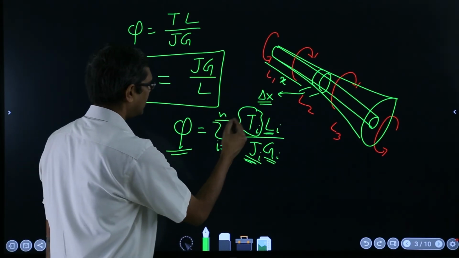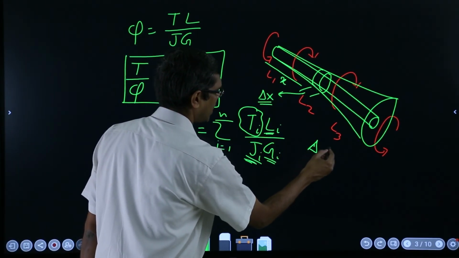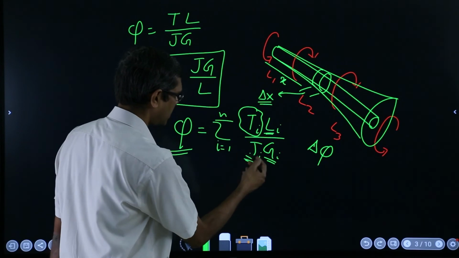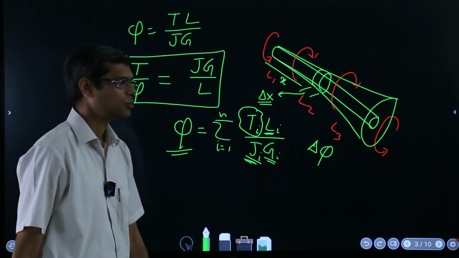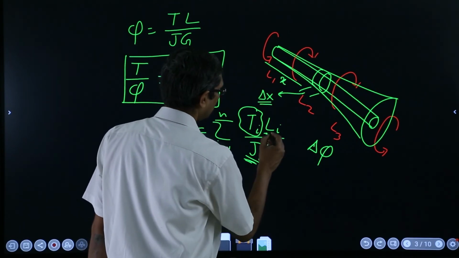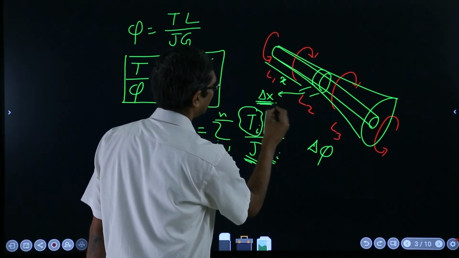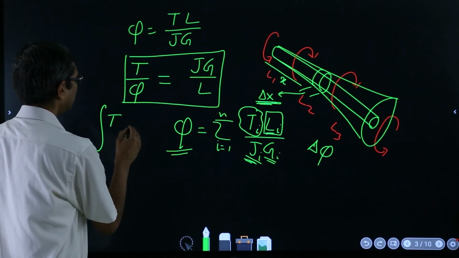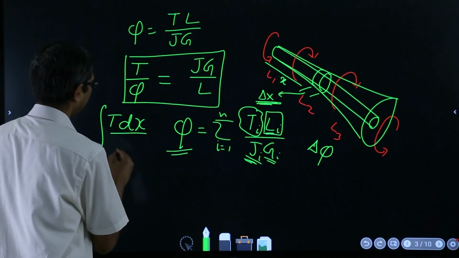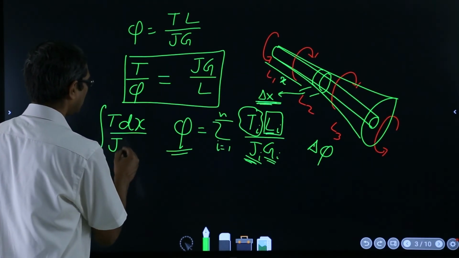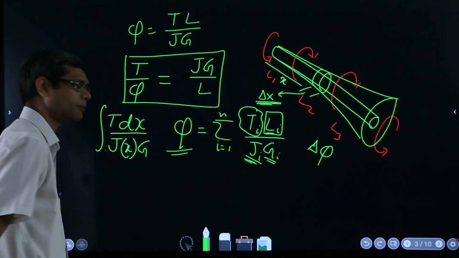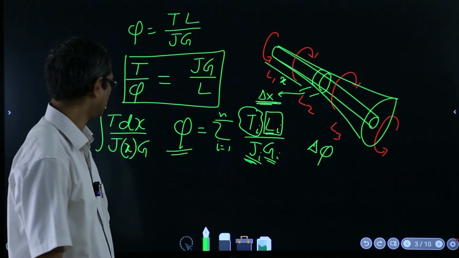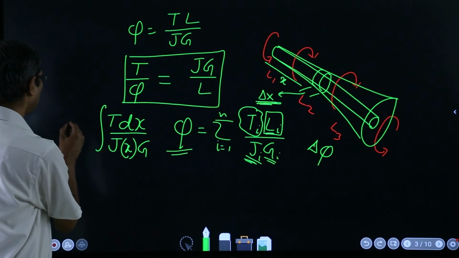Similarly you can calculate delta phi for that, and you just sum them up, but now the sum will be an integration. In that case, this delta Li will be this delta x. So it will be something like the integral of T dx over J G, where J is now a function of x, because J is the polar moment of inertia, which changes from place to place. That is how you can calculate the total phi.